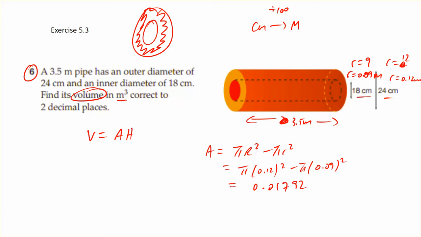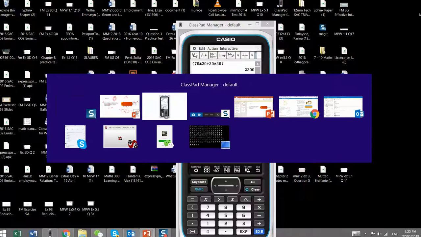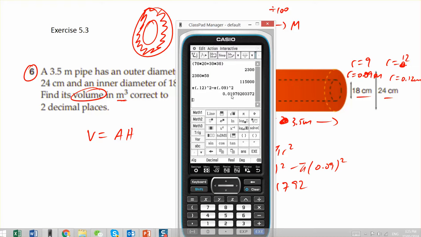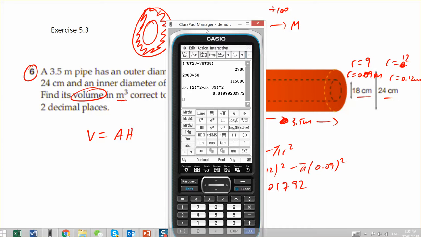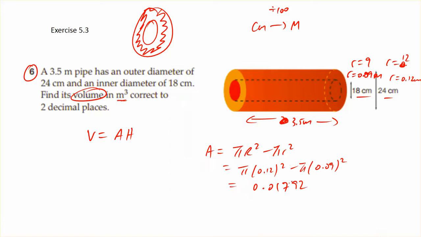Let's double check, because I don't have a good memory. 0.019792. Okay, perfect.